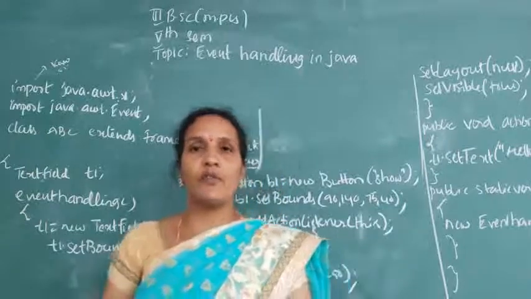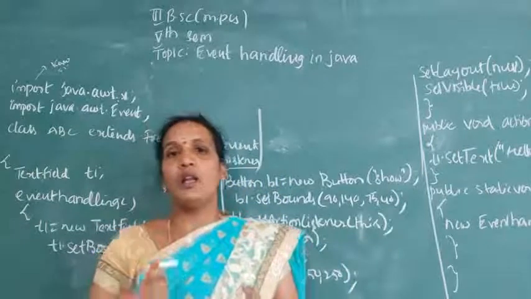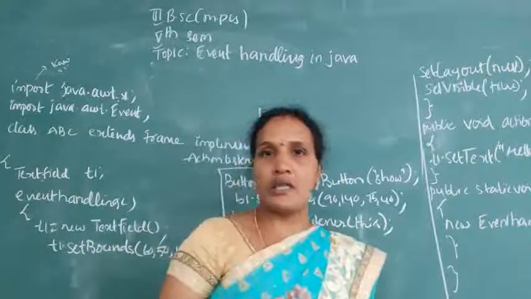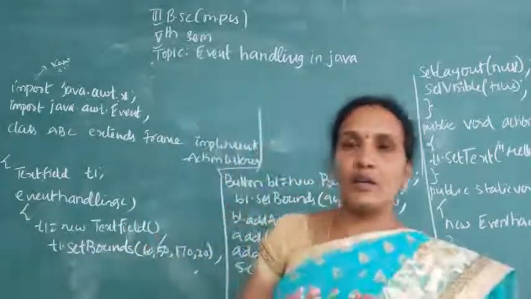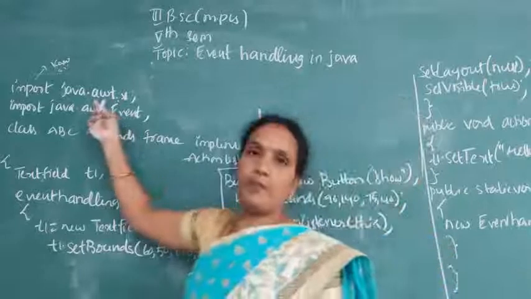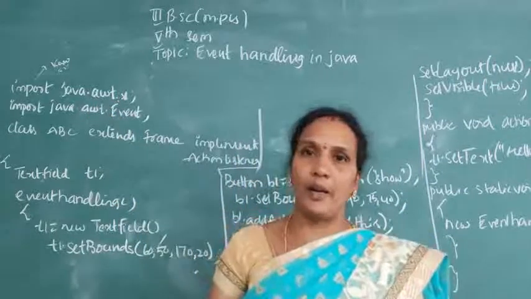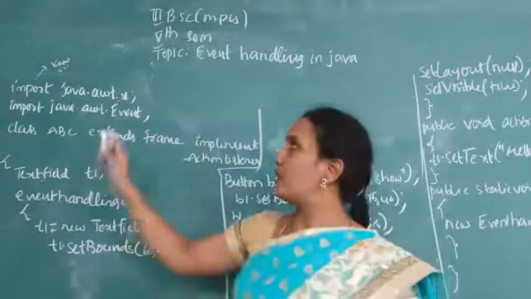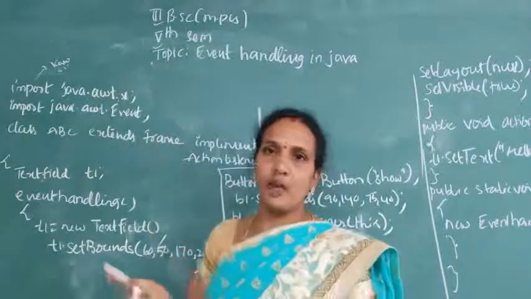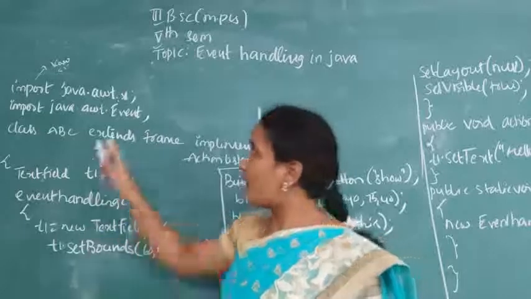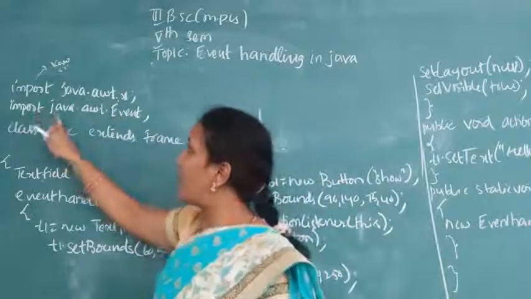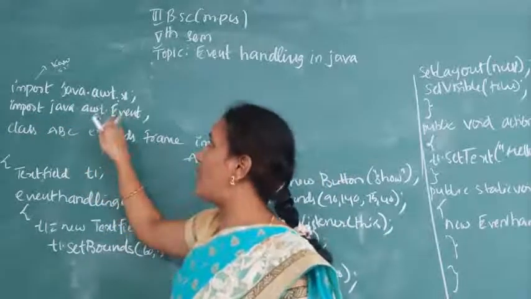Whenever you are using a button, different checkboxes and so on, you get them from the AWT package. So it is compulsory that whenever you write an event handling program, you need to import this package. Now the second one is import java.awt.event.